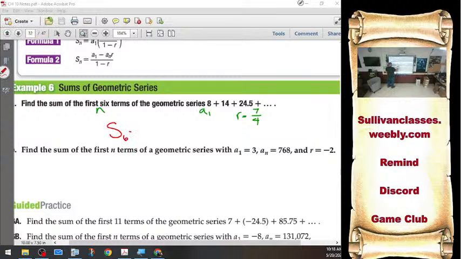S sub 6 is, given that information, I have enough for formula 1. So we're going to say A sub 1 times 1 minus r, 7/4 to the nth power, which was 6, over 1 minus 7/4. I'm jamming it in my calculator. Now, someone usually tries to freshman math this.